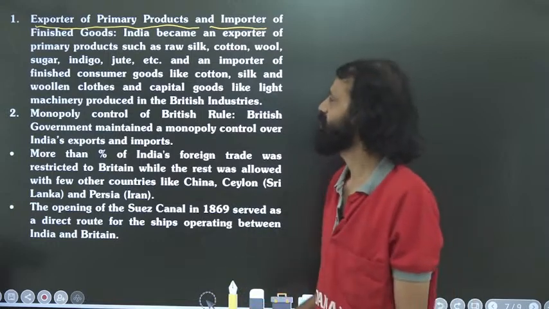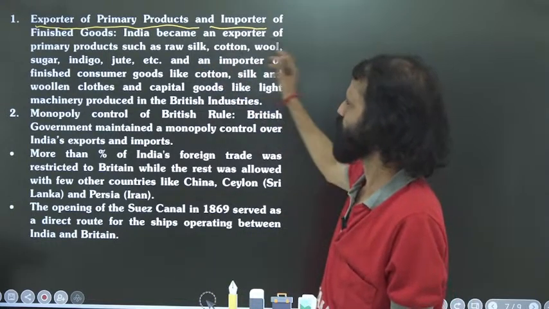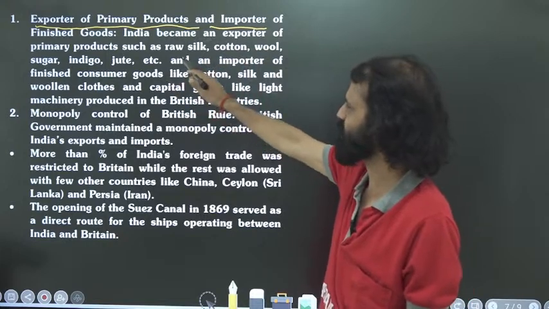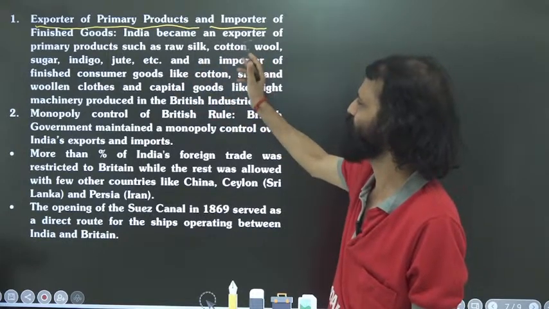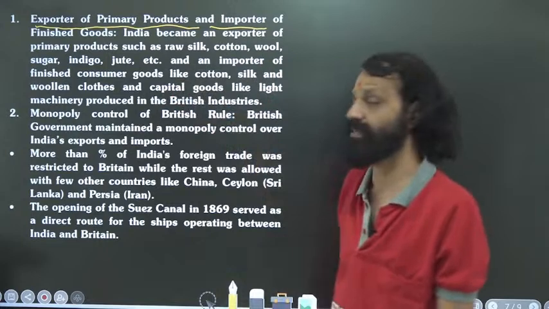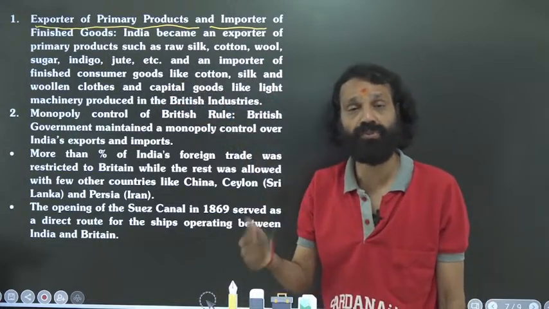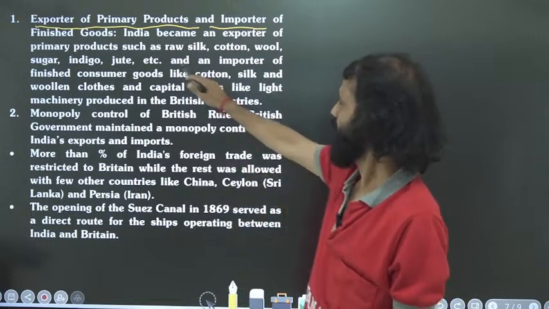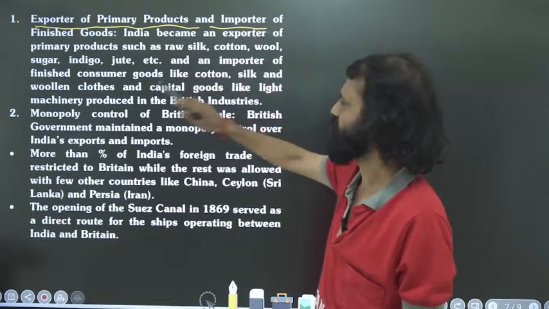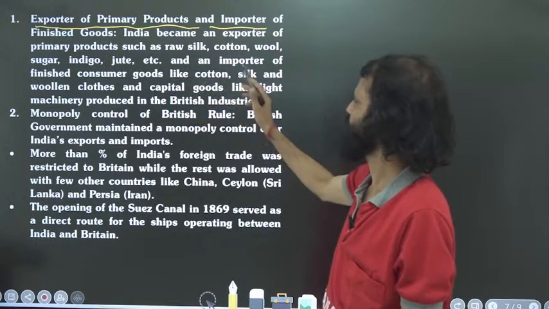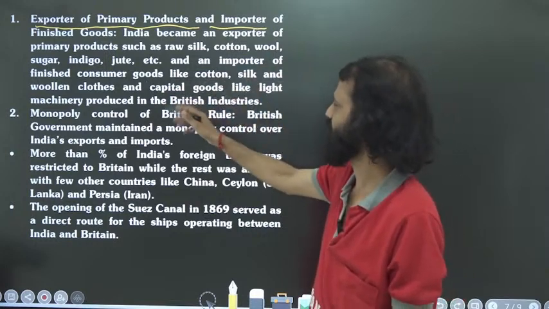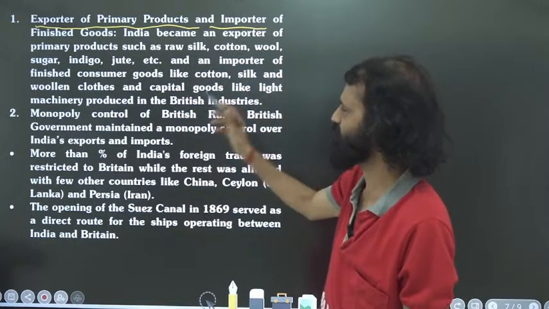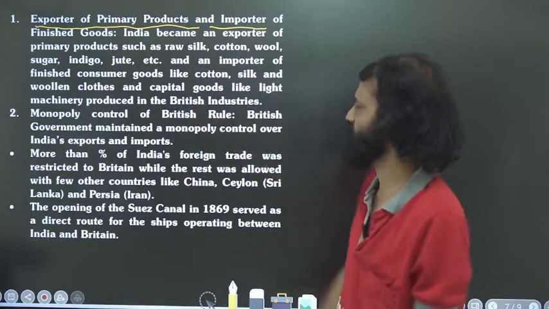India became an exporter of primary products such as raw silk, cotton, wool, sugar, indigo, jute, etc. We exported them mainly to Britain, and became an importer of finished consumer goods like cotton, silk and woolen clothes, and capital goods like light machinery produced in British industries.